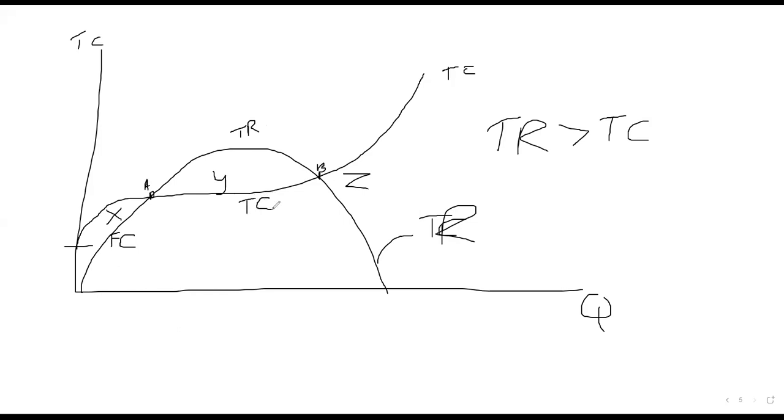At the point where the total revenue and the total cost meet has a special term. Can somebody remind us what point we call the point where the total revenue meets the total cost curve? Break-even point.